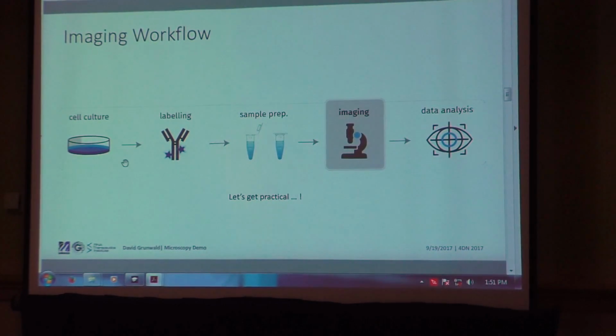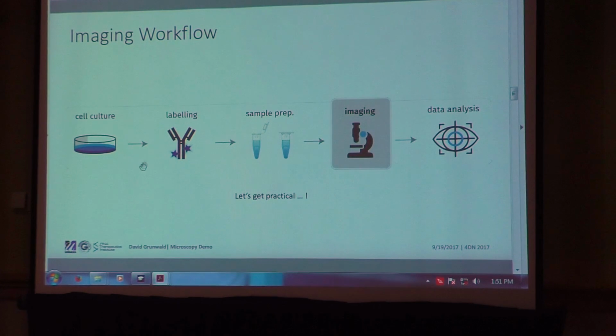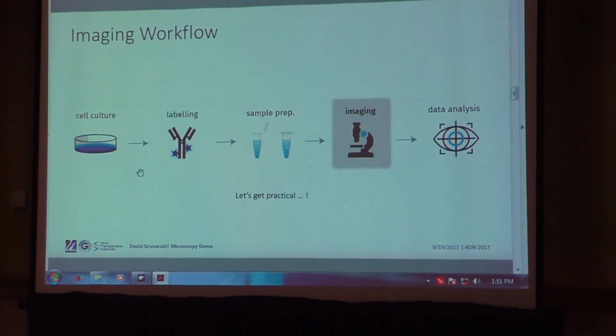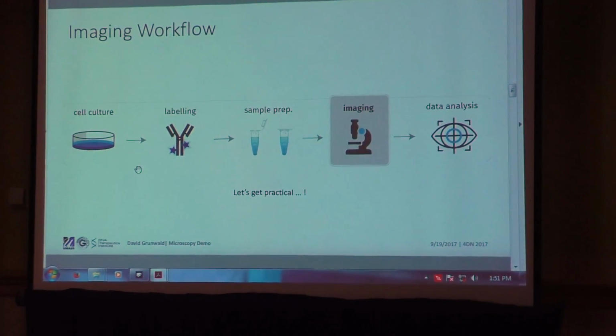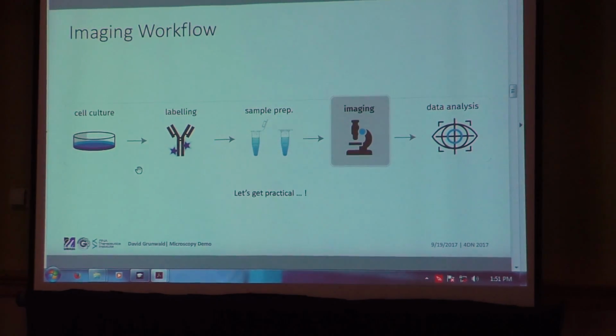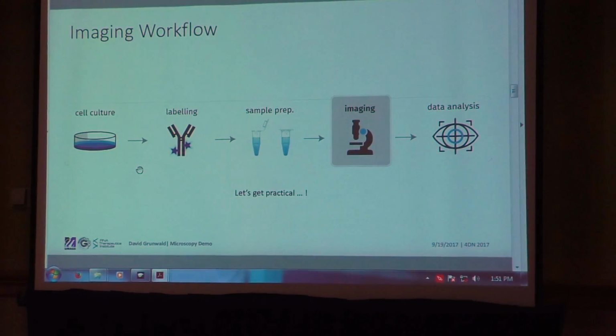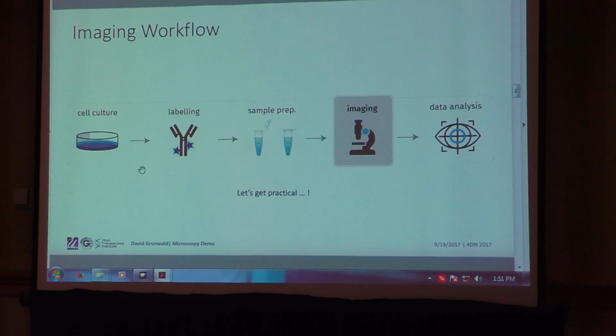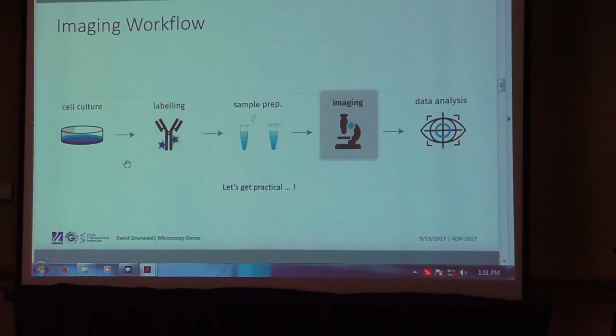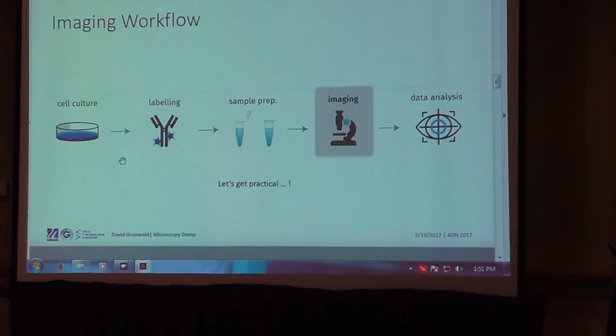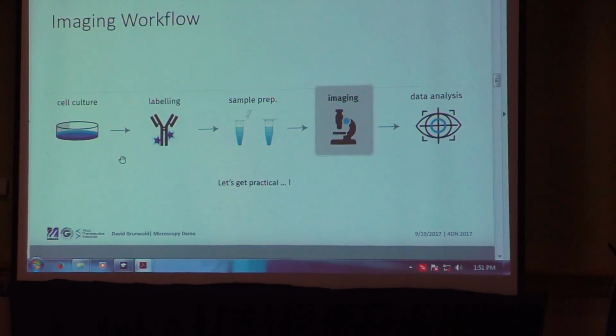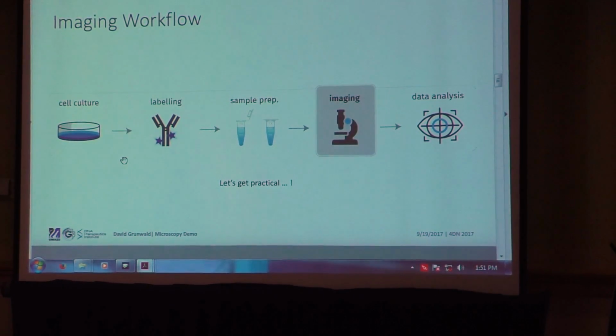The labeling, well, how many of you have had this experience of learning a labeling protocol from somebody and you do it right next to them at the bench and theirs works and yours doesn't? Sound familiar? Happened to me many times, happens to my students all the time. So there is variance here.